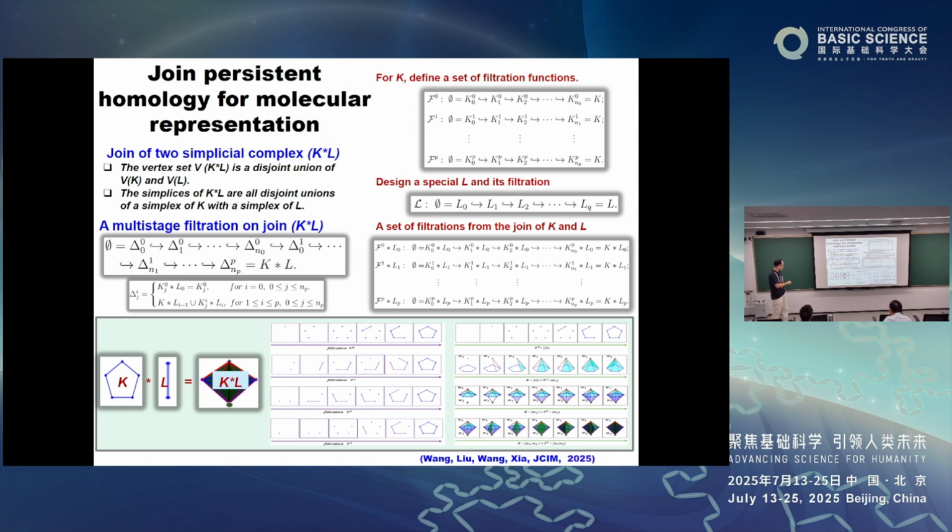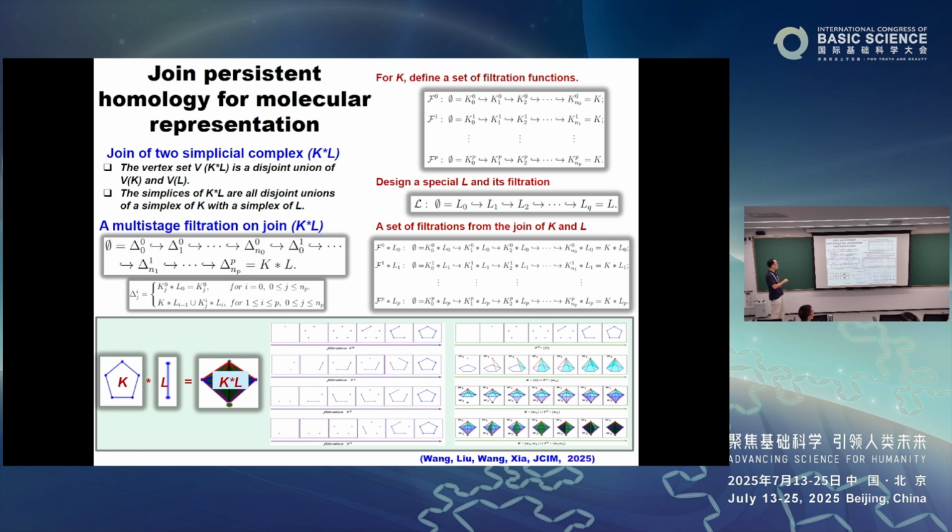We want to study this protein K, or a certain structure K. What I can do is choose a certain test simplicial complex L. K is something you want to study, and L is a test type of simplicial complex, so you can usually change this to L1, L2, L3, L4, whatever. Then I can form the join between these two simplicial complexes.